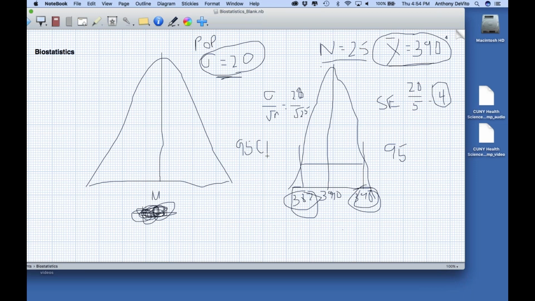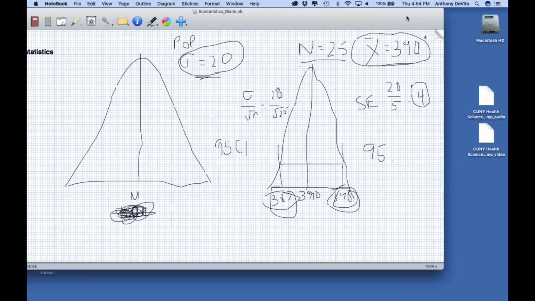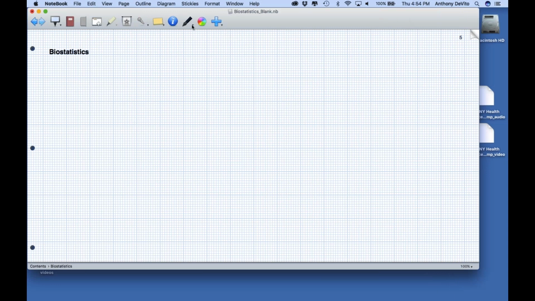So how did we get that 95% confidence interval? I took x bar, our sample mean, plus or minus the z-score, the number of standard deviations, times the standard error. So that was 390 plus or minus the z-score, which is 2 for 95%.